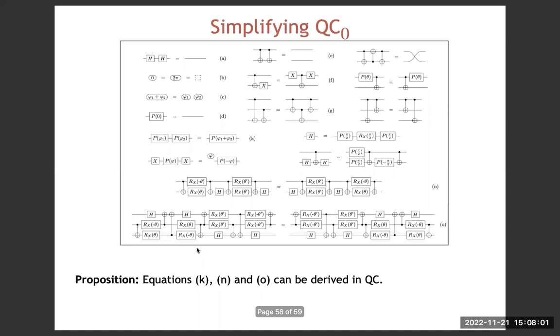So R, the X rotation, is a shortcut. Oh, I see. So actually it's a PHP HP, something like this. And so at some point you need a double H equals identity because of this definition.